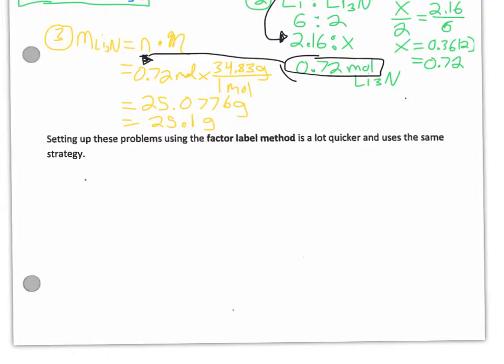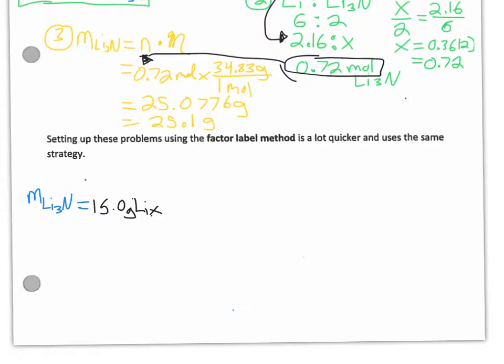So we are looking for the mass of Li3N. We know from our givens that we are given 15.0 grams of lithium. So 15.0 grams of Li.